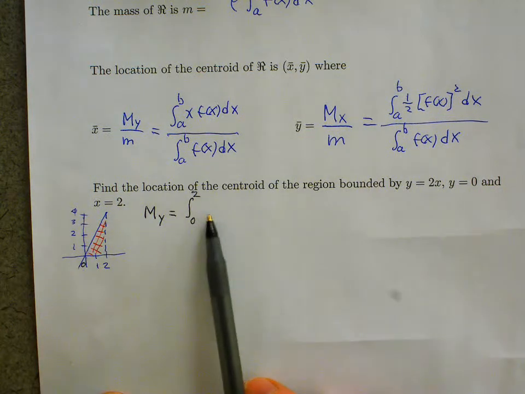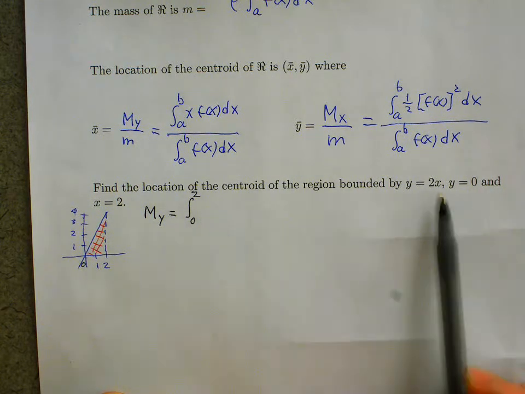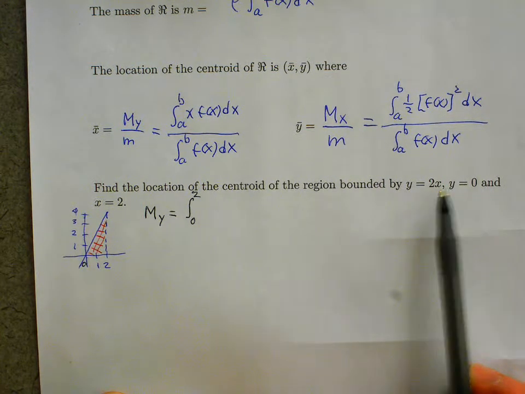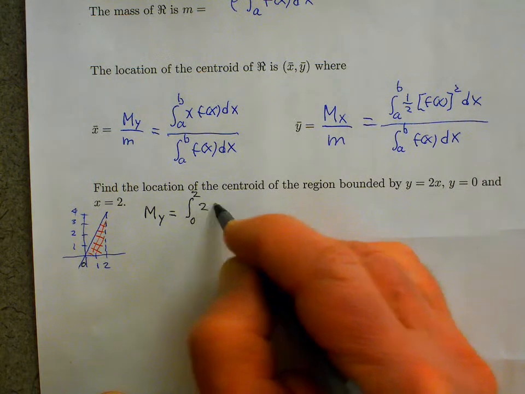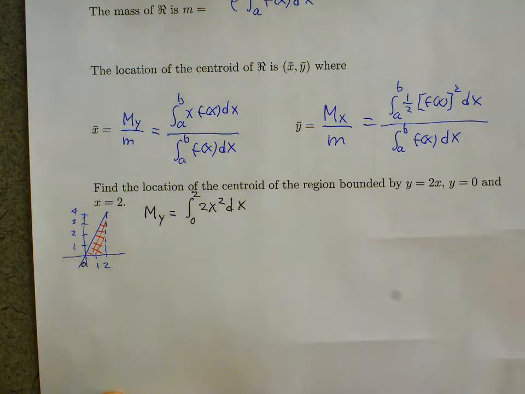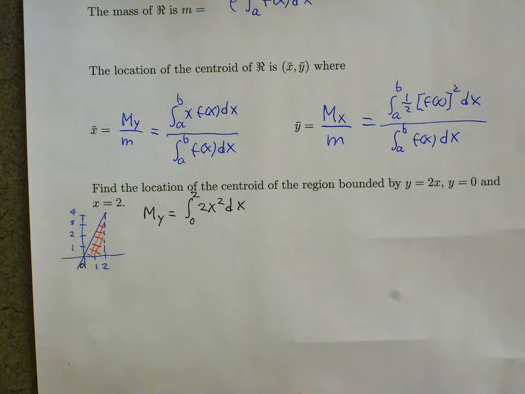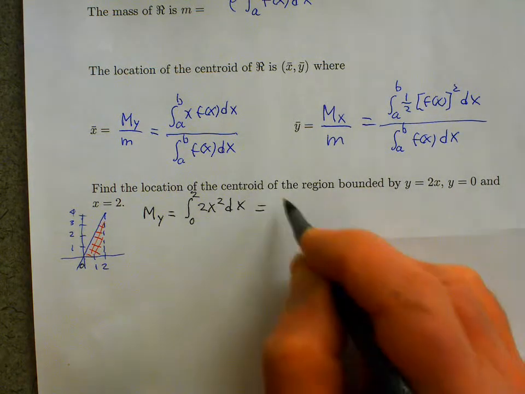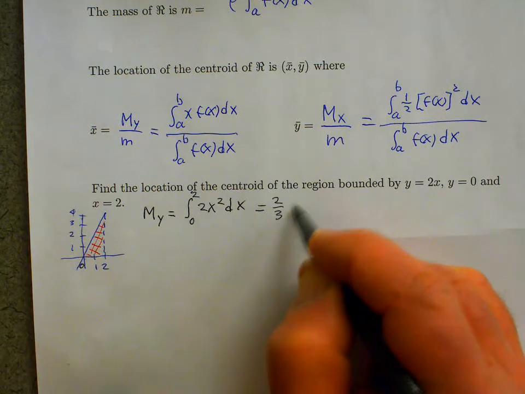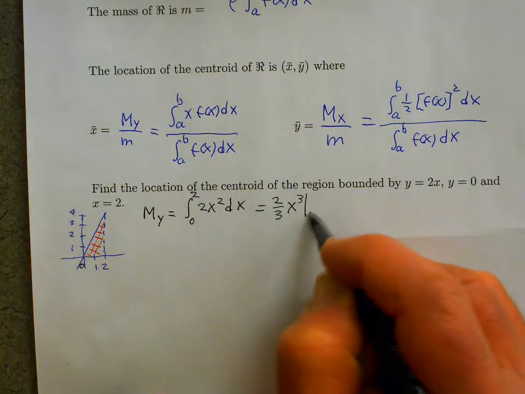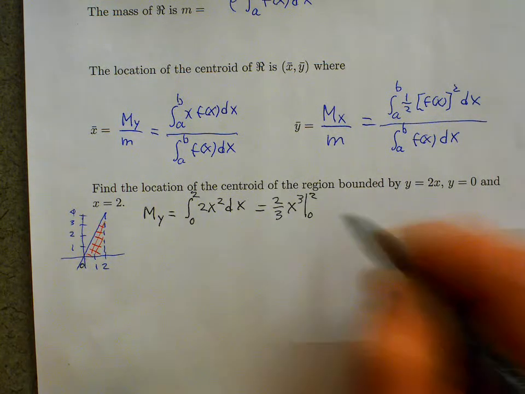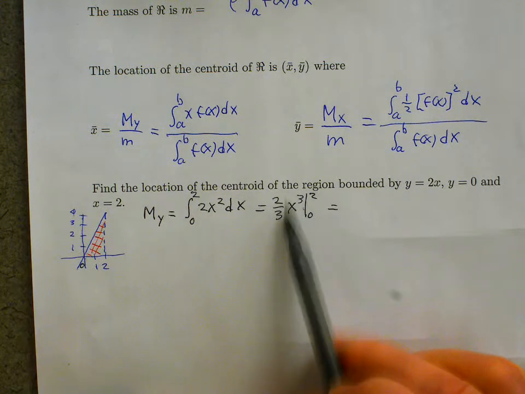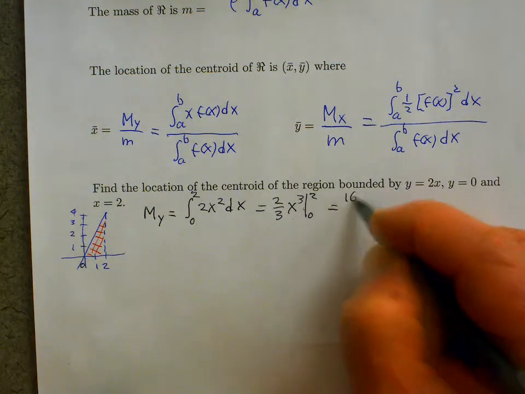And the integrand is x times f of x, where f of x is y equals 2x. So 2x times x is 2x squared. So this is a fairly simple integral to evaluate. We're going to get 2/3 x to the third from 0 to 2. And 2 to the third is 8. 2/3 times 8 is 16/3.